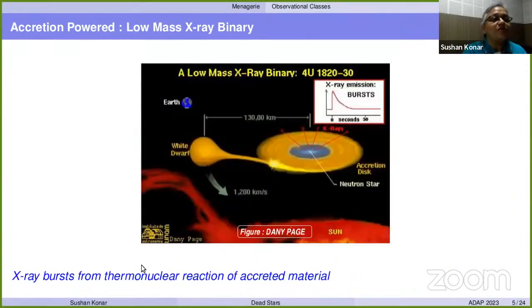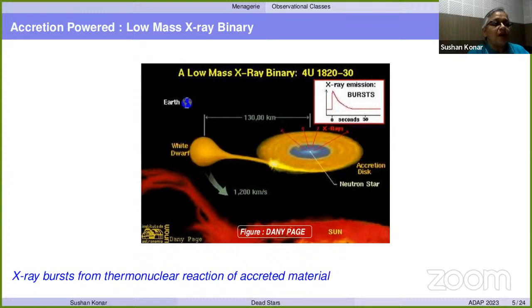Then we have the low mass X-ray binaries. Again, material is falling onto the neutron star, and therefore X-rays are being generated. But here in the low mass X-ray binaries, because of the recycling of the neutron stars, the magnetic field is very, very low, I mean, in astrophysical terms. And because of the low magnetic field, it cannot channel the material. So there are no pulses.